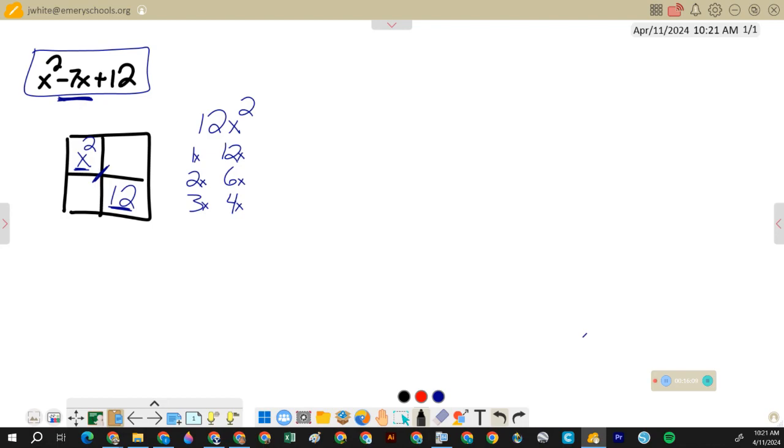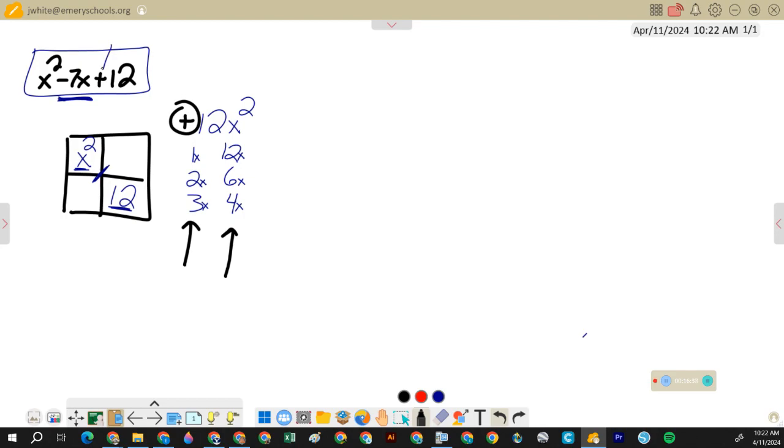Okay. What about signs? This is positive. So what does that tell me about the signs here? Either they are both positive or they're both negative. That comes from the first row. So they are either both plus or both minus. How do we figure out which one it is?